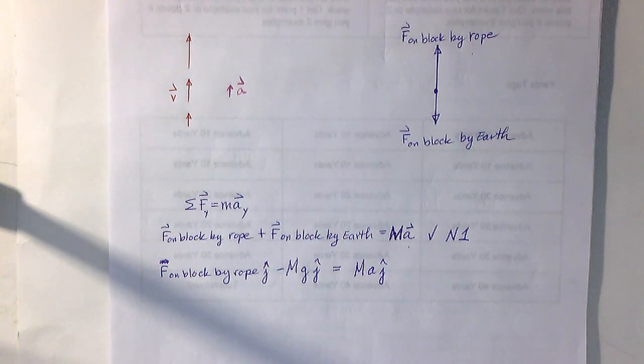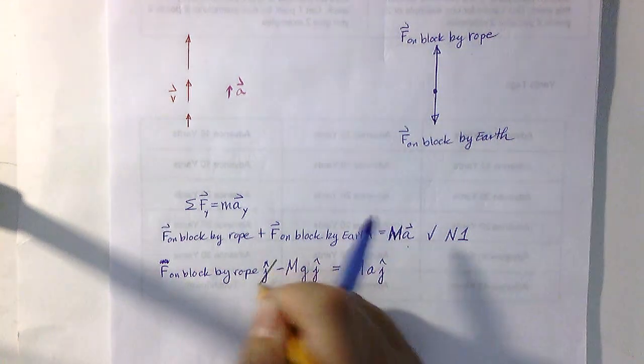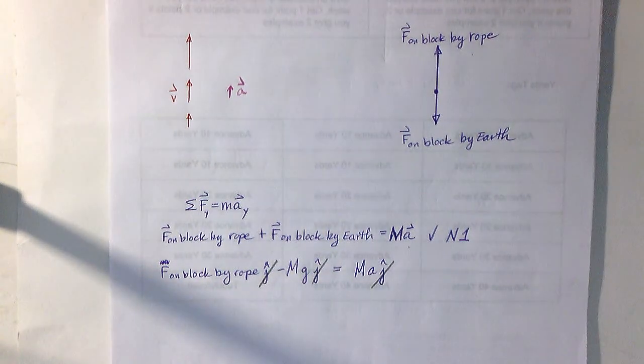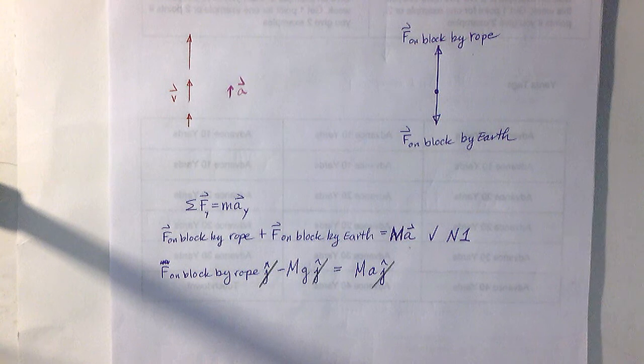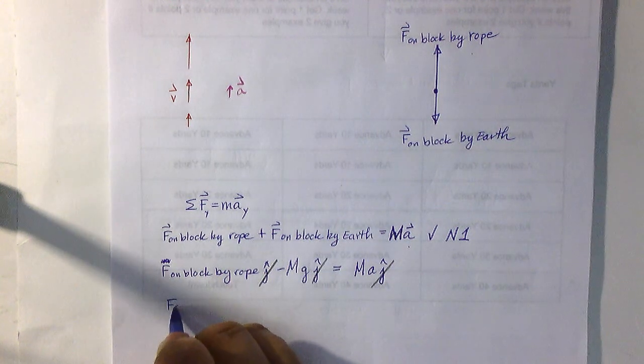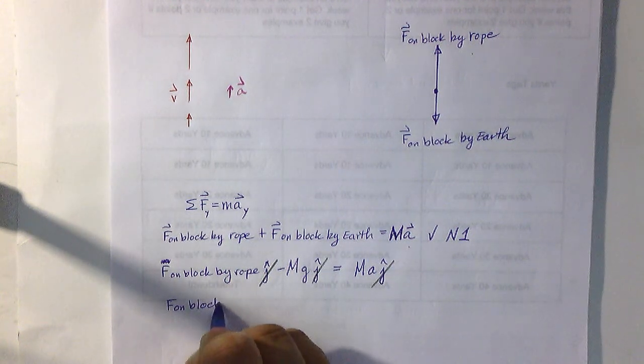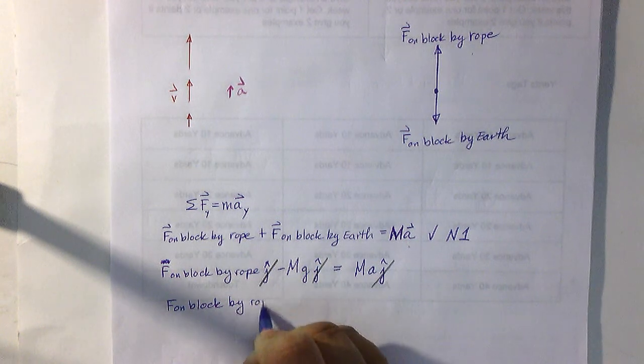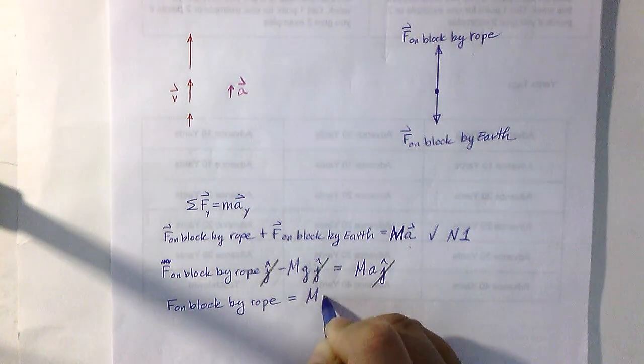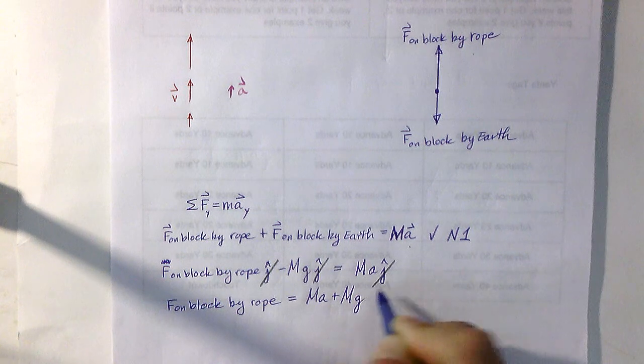Okay, the next step is for us to cross out all of the unit vectors. And so when I cross out all the unit vectors, I then have a scalar equation. I'm going to go ahead and solve this for the magnitude of the tension. So I have force on block by rope is equal to ma plus mg.